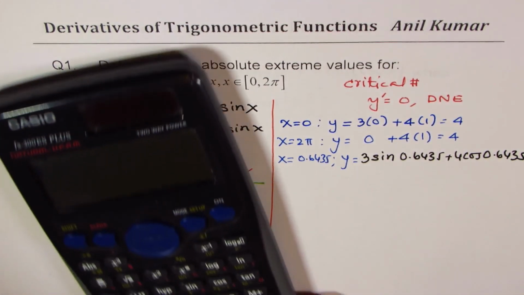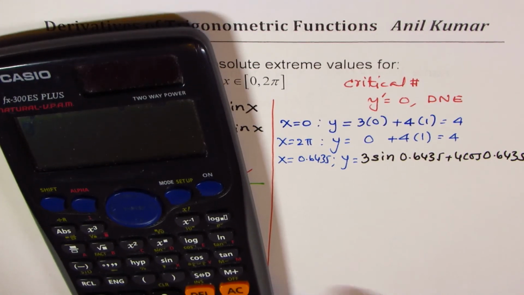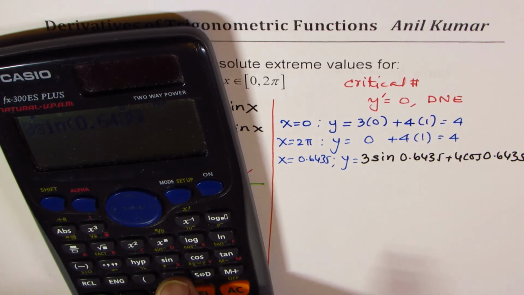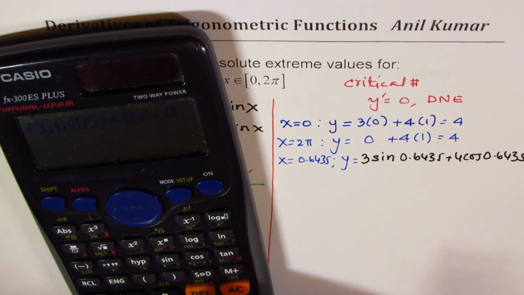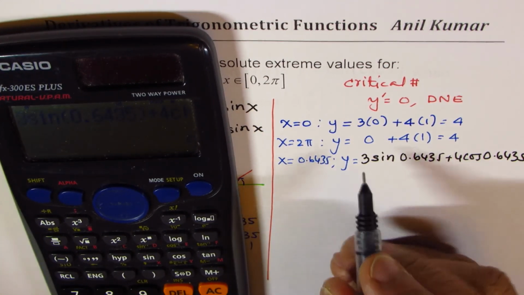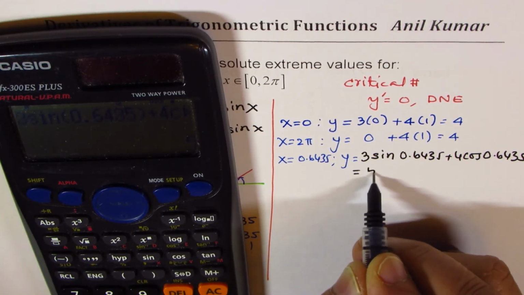So 3 times sine 0.6435 plus 4 times cos 0.6435 is equal to, we get the value as 5.